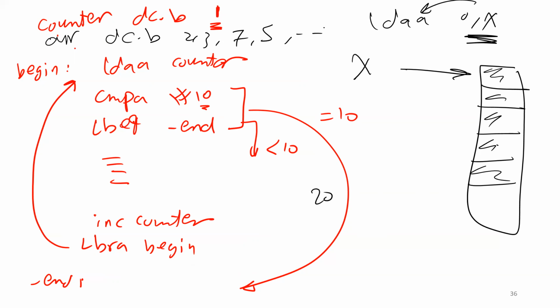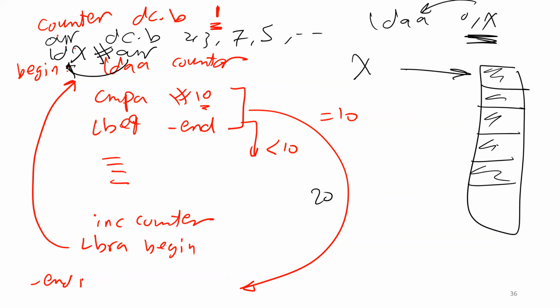And then, as I told you, before you go inside the for loop, you have to initialize x. X has to point at the very beginning address. How can you do that? I said it before. You have to say load x hashtag ARR. If you do that, the beginning address is stored in x. This is how you initialize the pointer.